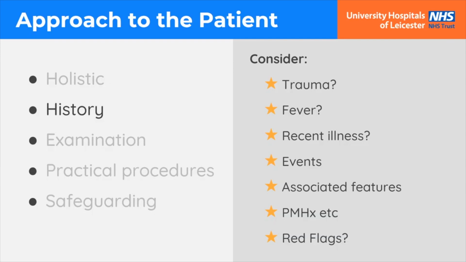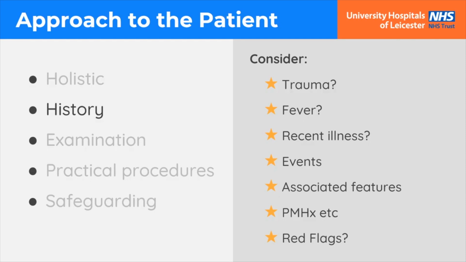Any associated features with the limb pain, so obvious things like redness, swelling, tenderness of joints, sometimes less obvious things such as rashes in other areas or other symptoms like headache or vomiting or urinary incontinence.